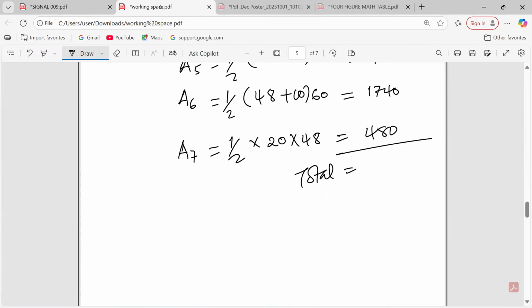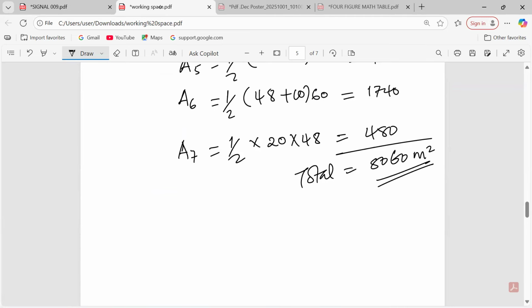Now this gives us 8060 meters squared. When the area is in meters squared and we've been told to provide it in hectares, we divide by 10,000. Ladies and gentlemen, this shall be 0.806 hectares of land.